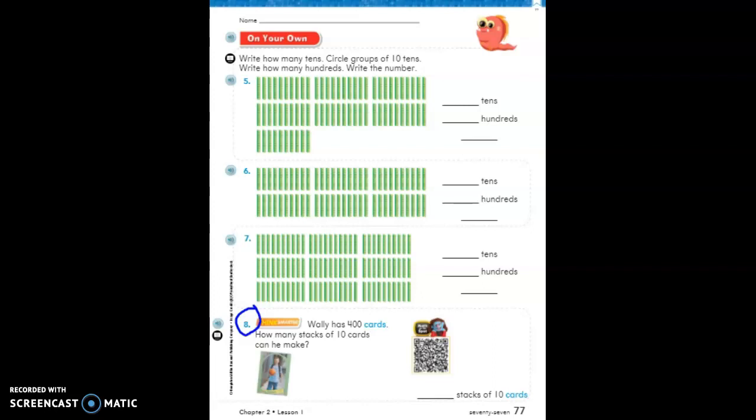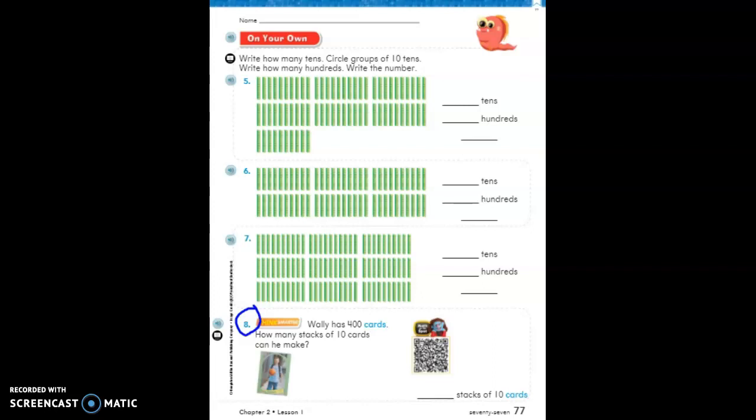Okay? So let's read number 8. Number 8 says, Wally has 400 cards. How many stacks of 10 cards can he make? So it's 400 cards, right? We just made 100 on the front. And we know there's 10 stacks to make 10 tens.